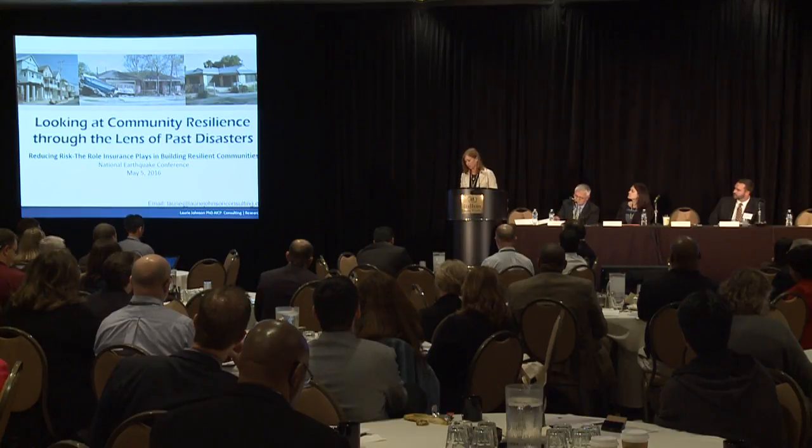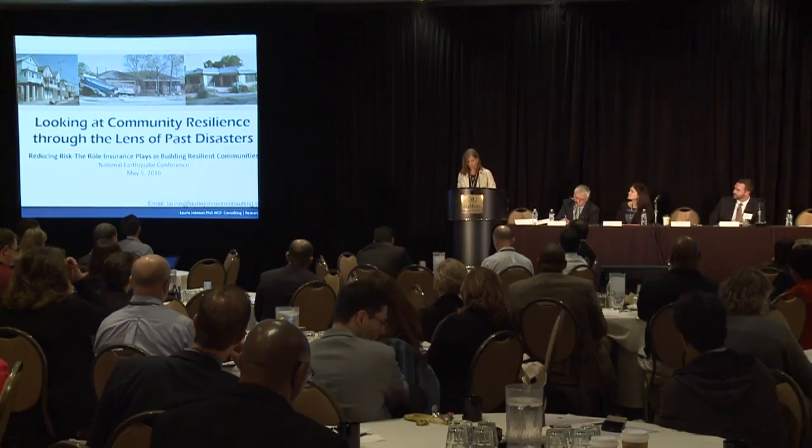And so what I'm going to talk about now is, I'm trying to use some other disasters as case points for us to think about what a really large-scale disaster, not just in California, but in Memphis, in South Carolina, in New York, in Oklahoma, would look like with a really low insurance penetration.